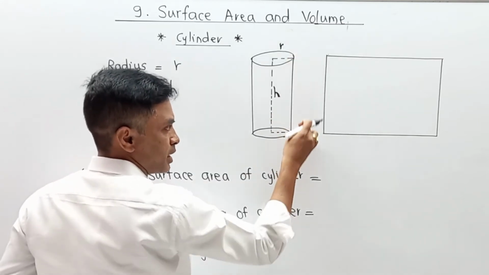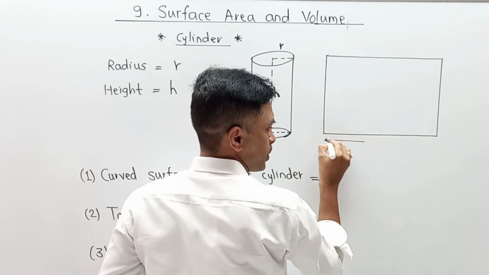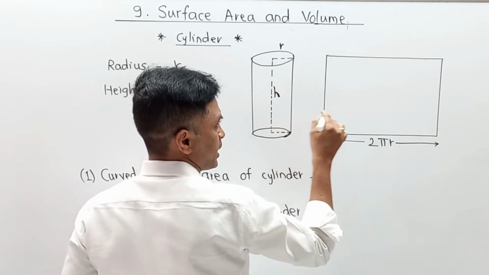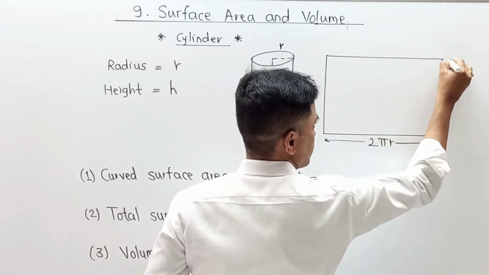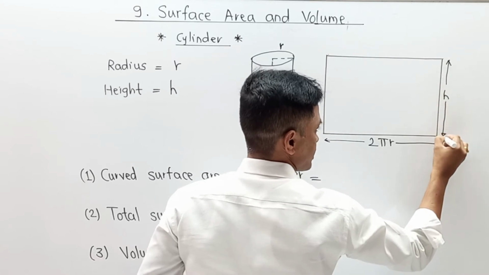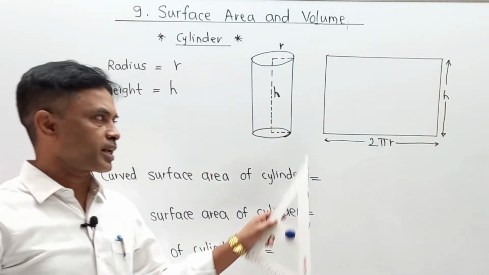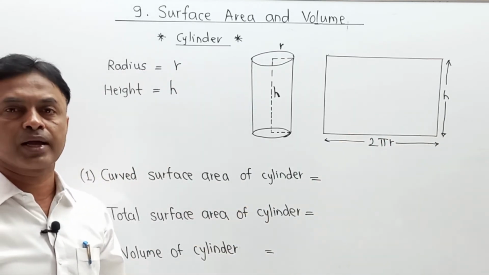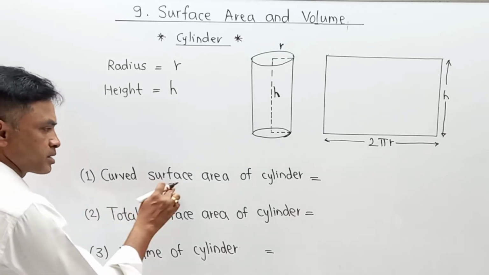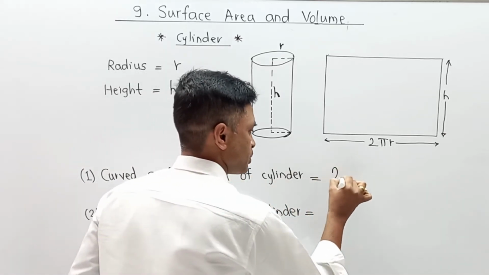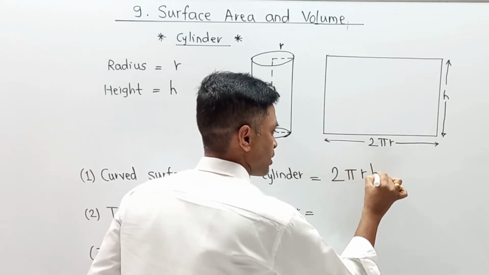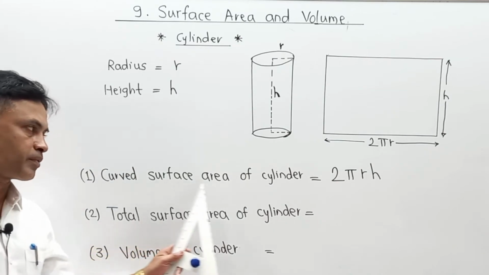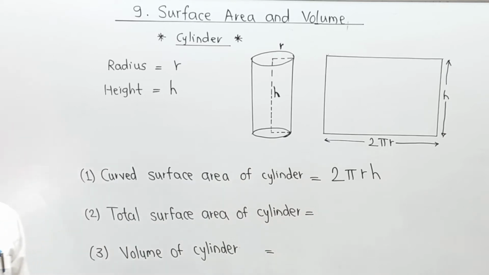If I cut this cylinder over here, this distance becomes 2 pi r, and we know the vertical height is h. Naturally, the area of this diagram becomes 2 pi r into h. So our first answer: curved surface area of a cylinder is 2 pi r h. This is the symbolic presentation of the formula.